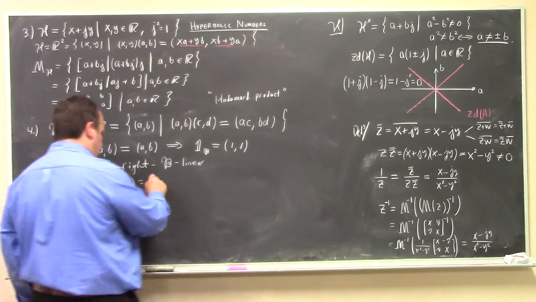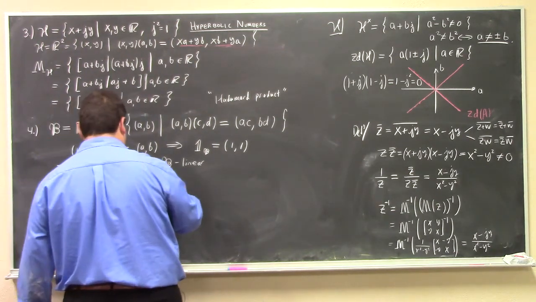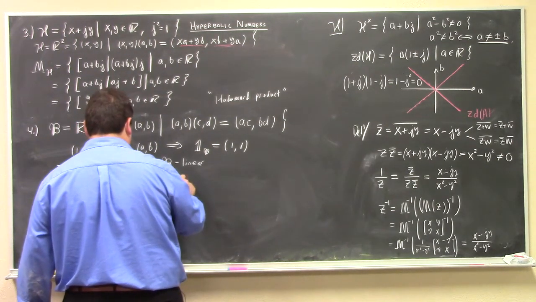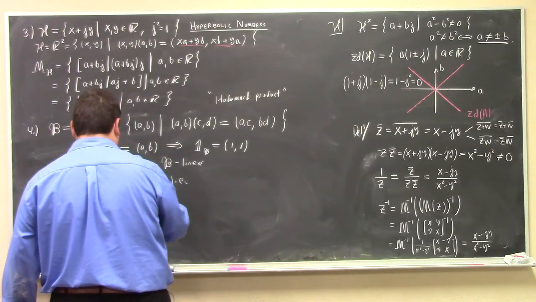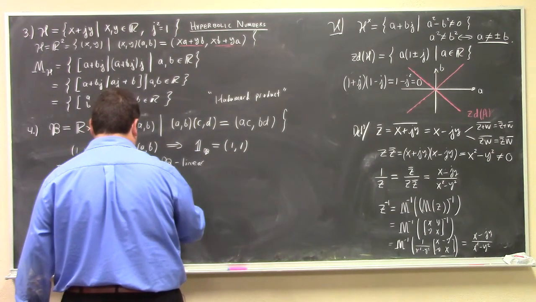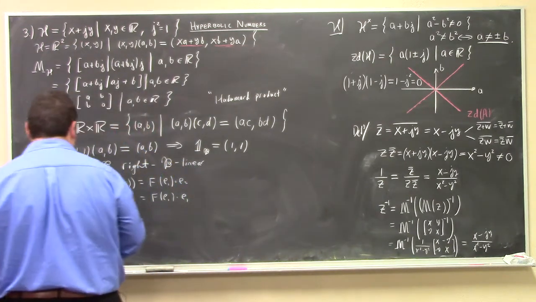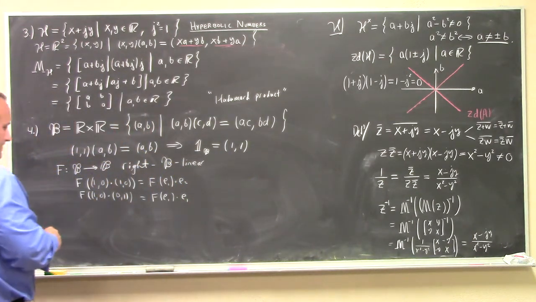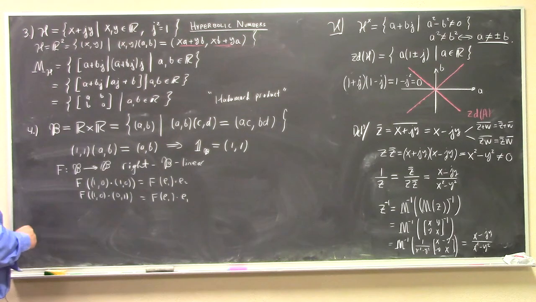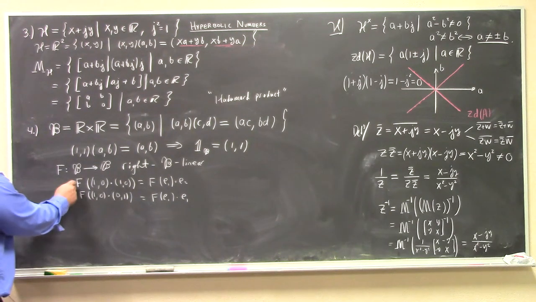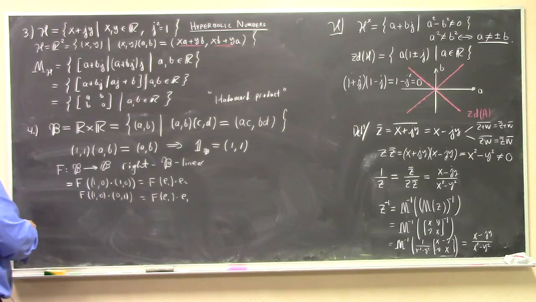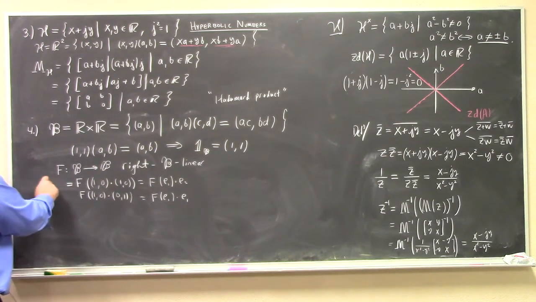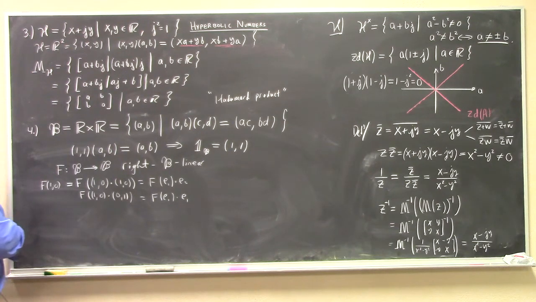So this would be F of E1 times E2. This would be F of E1 times E1. Now this is just equal to what? F of 1, 0, right? So actually my first equation is just kind of dumb.